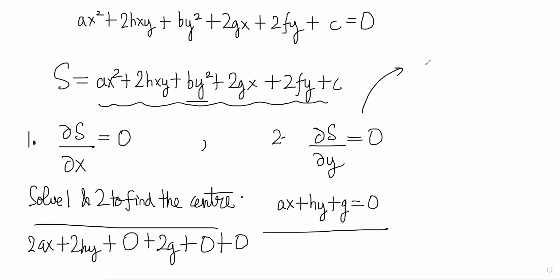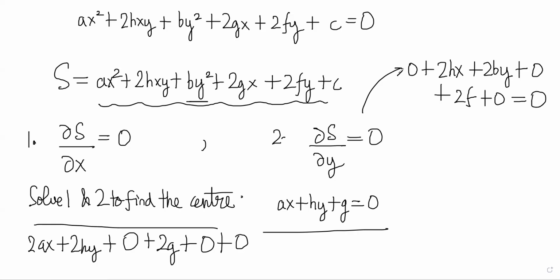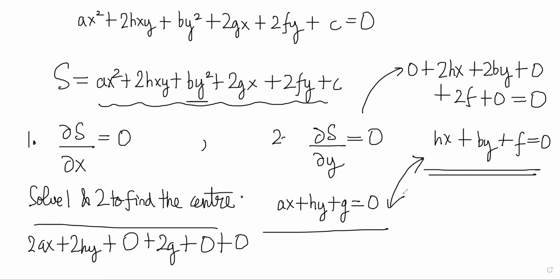From the other partial derivative, I get 0 plus 2hx plus 2by plus 0 plus 2f plus 0 is equal to 0. So from here I get hx plus by plus f is equal to 0. And now I have to solve these two equations to get the center.